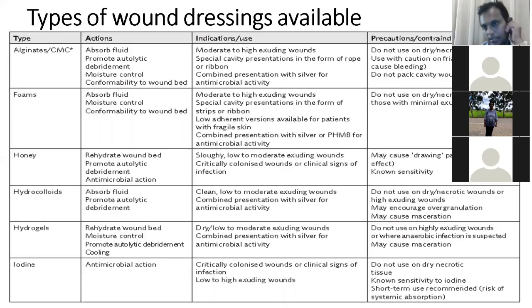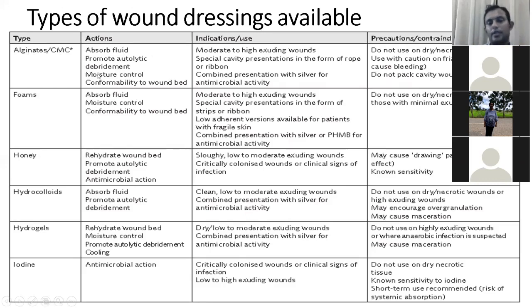So this is a chart of types of wound dressings that are available at the moment. Just remember these are types, not brands, just types. There are alginates.